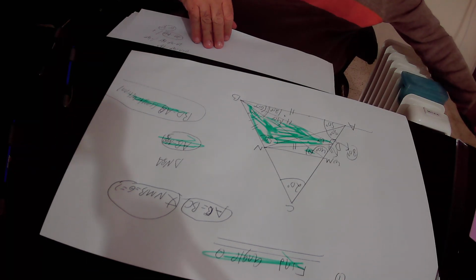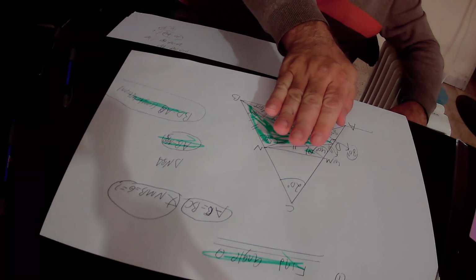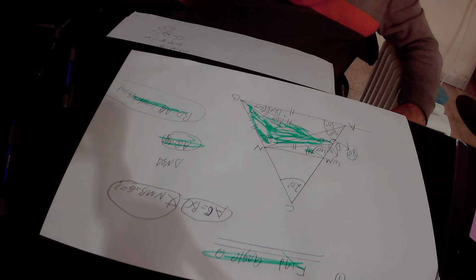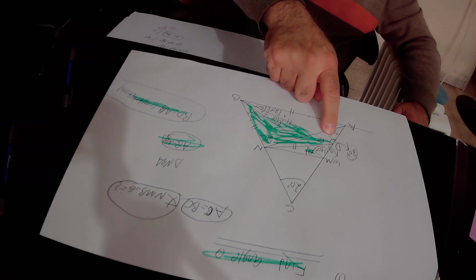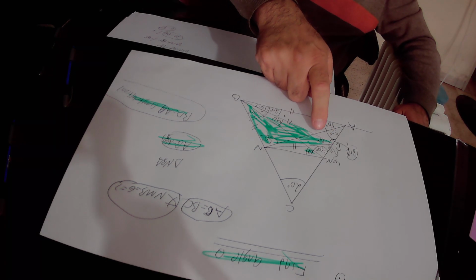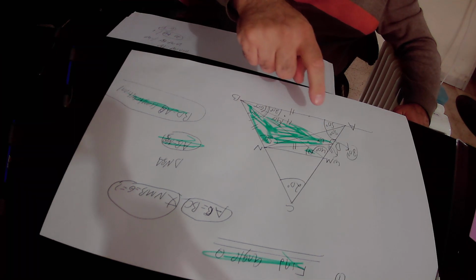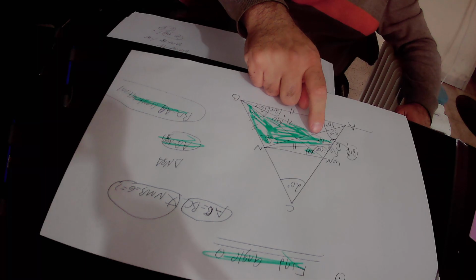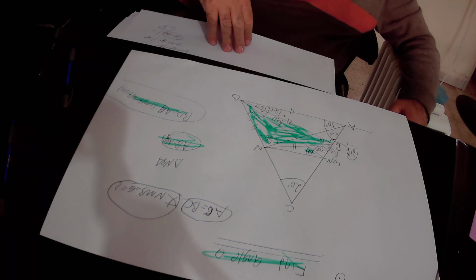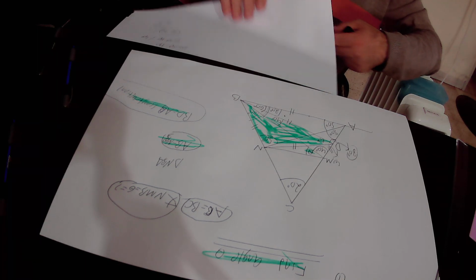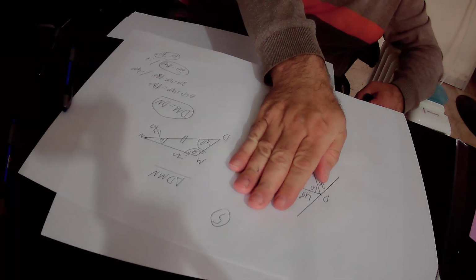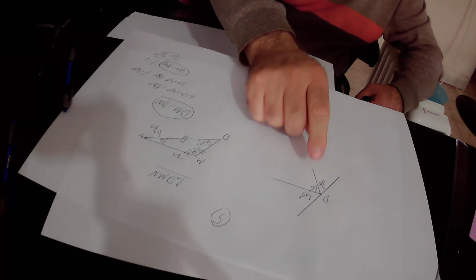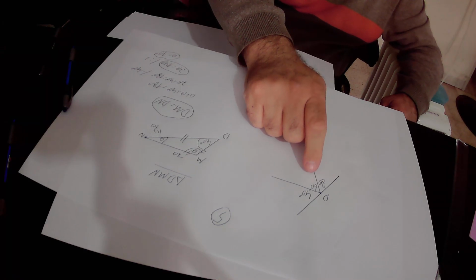Then we focus on this side of the straight line at point D. This angle equals 80 degrees in size. This angle is one of the three angles of the equilateral triangle DNB, therefore it is equal to 60 degrees.